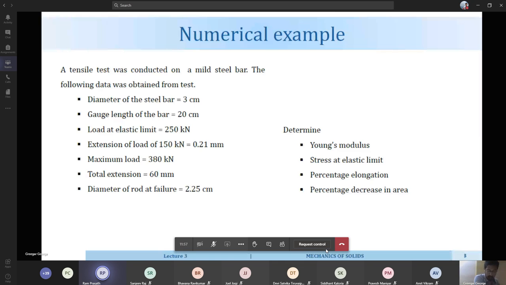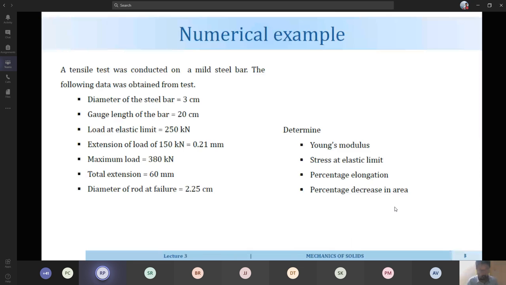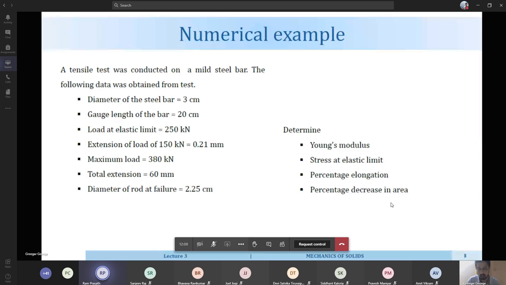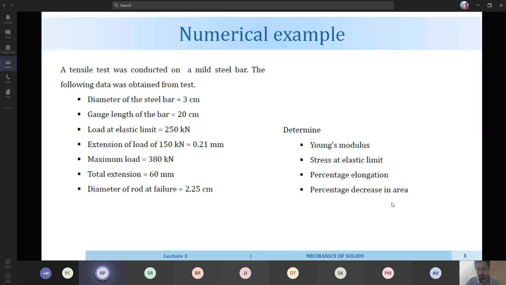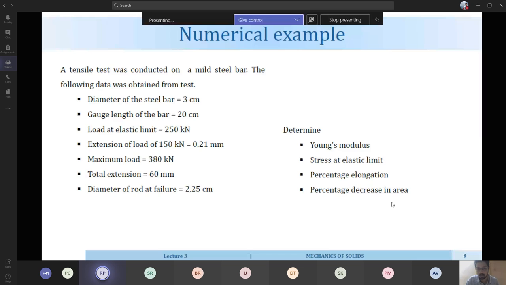Can you tell me what the Young's modulus is? Sir, I'm solving, a minute. Okay, but just tell me what the first step is. What is the expression for Young's modulus? Sir, by Hooke's law, we know that stress over strain is constant, which is Young's modulus.